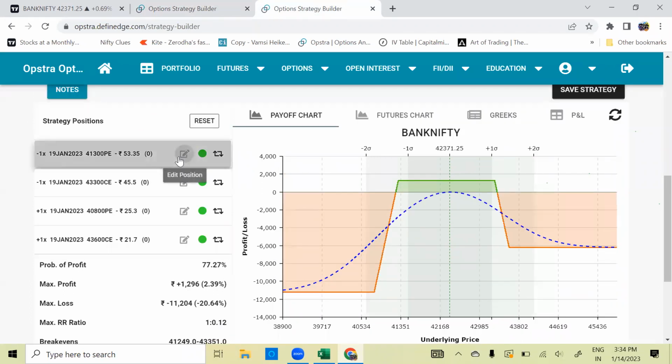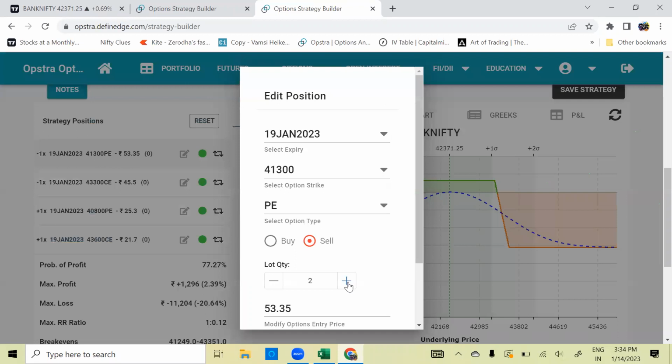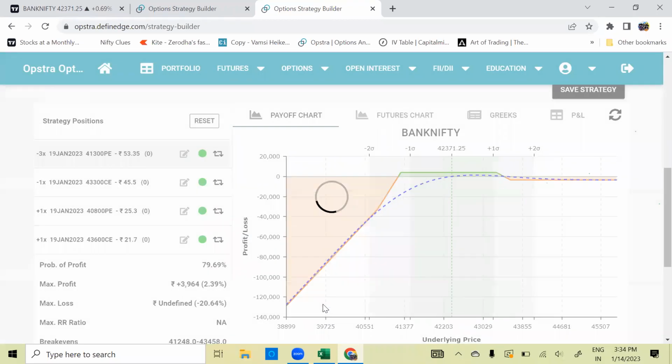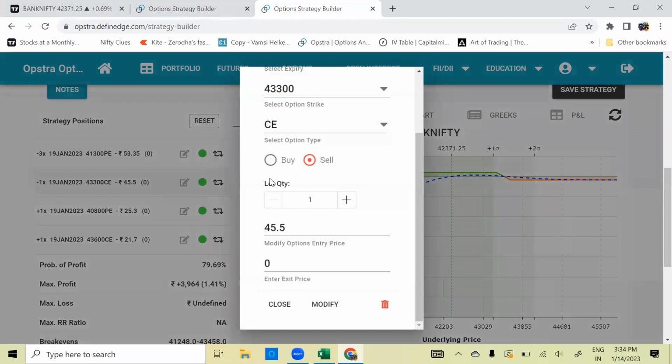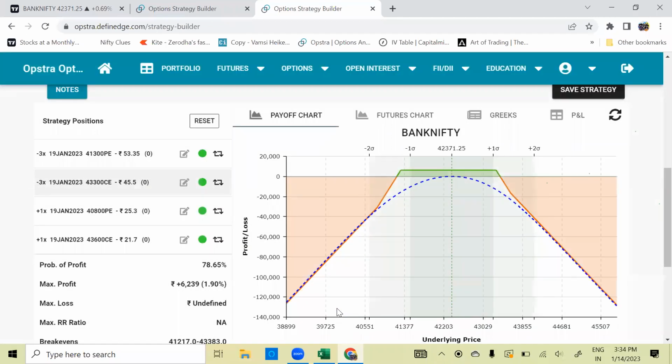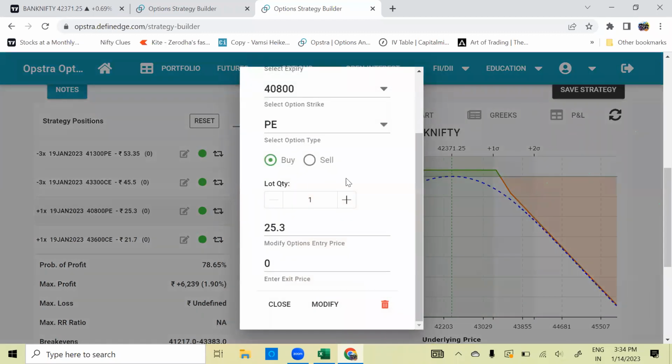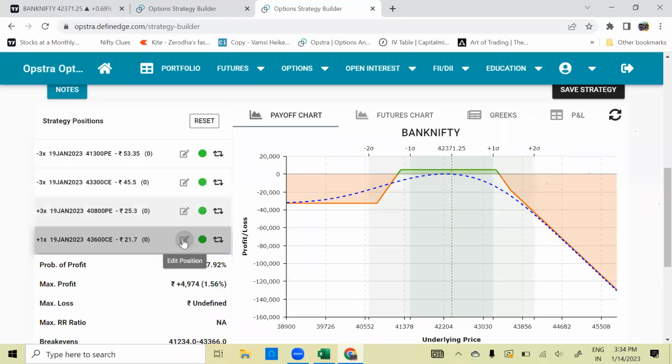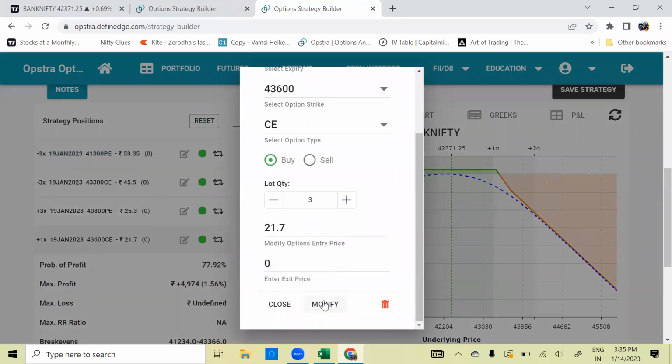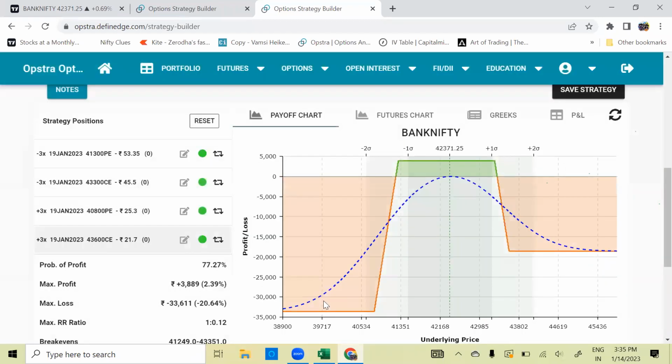For the iron condor I will also go three lots.